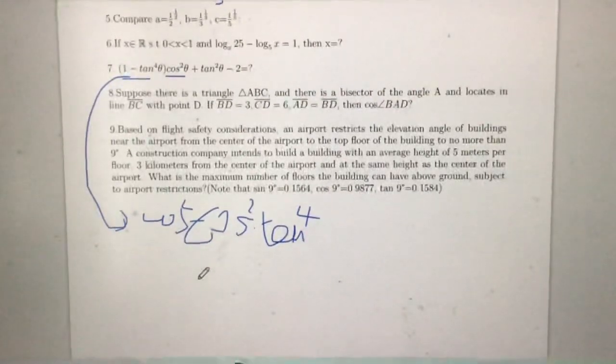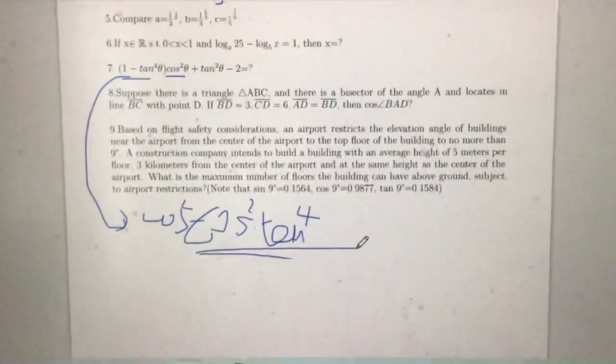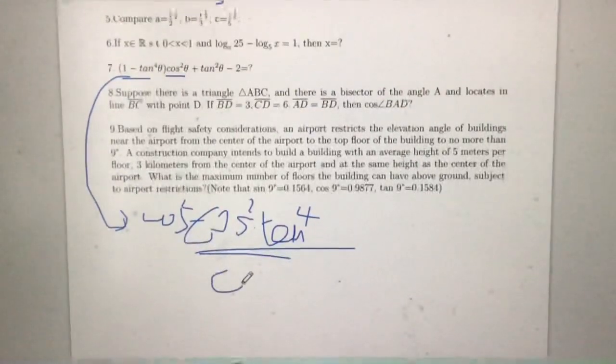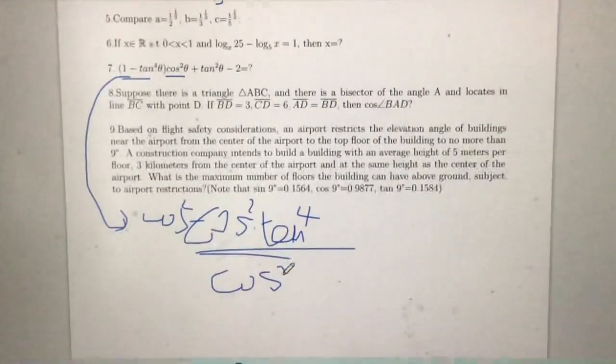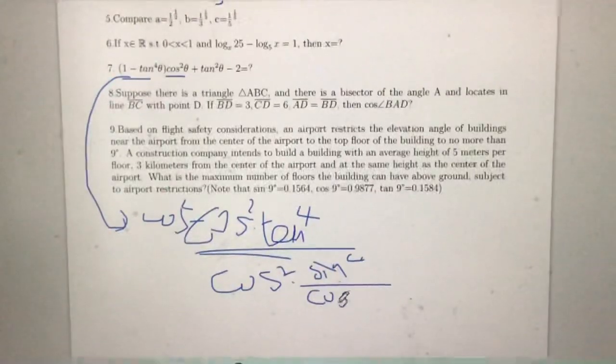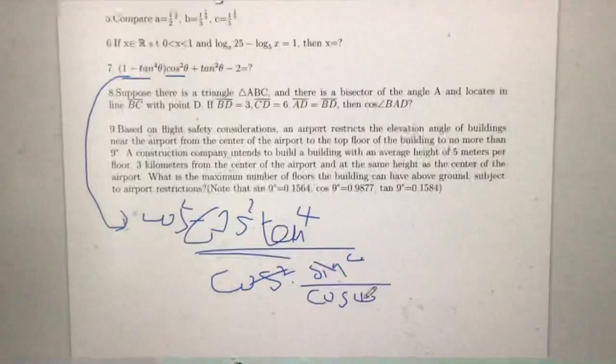And also, how to compute this one? Because tangent 4 we can write by this. Numerator is sine with power 4, and denominator is cosine with power 4. And we can get by this one.